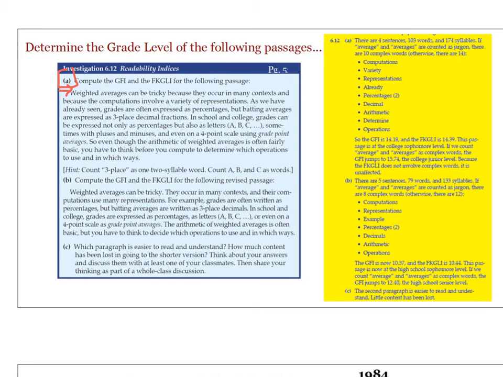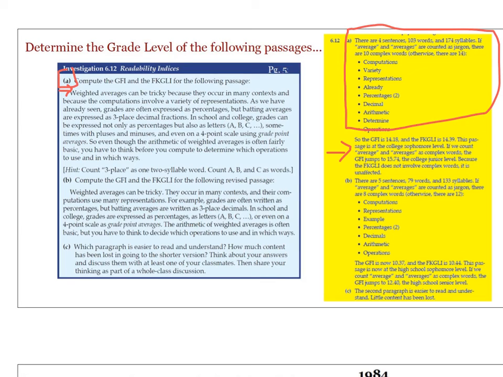And then you also want to write down how many complex words there are. Once you have done that, I want you to check your work with what they have listed here. And then use the 2 formulas to figure out the average. And if you've done it correctly, it should match what they have here.